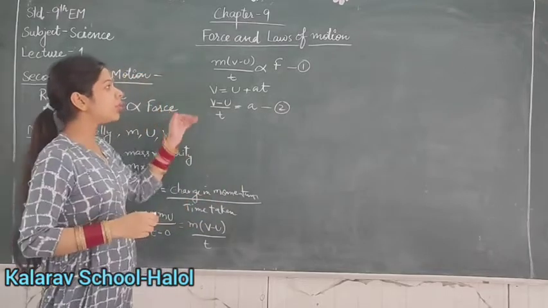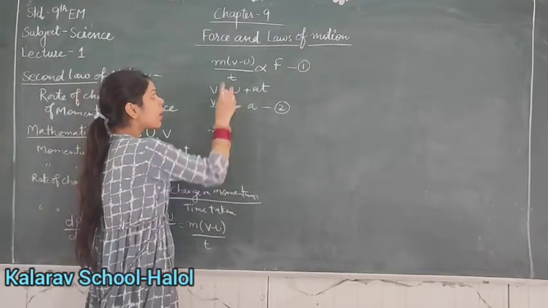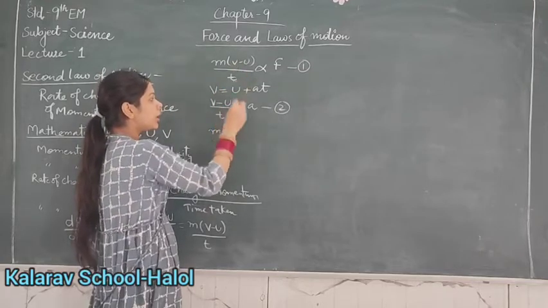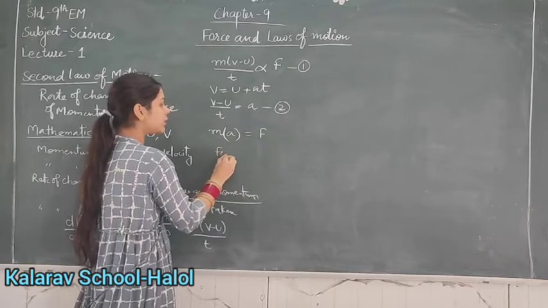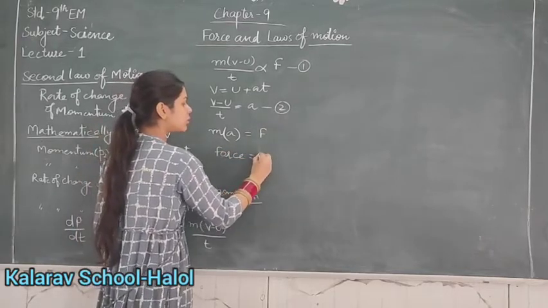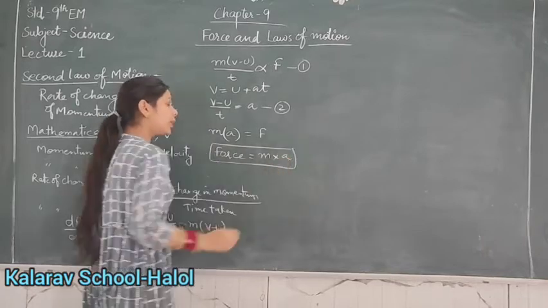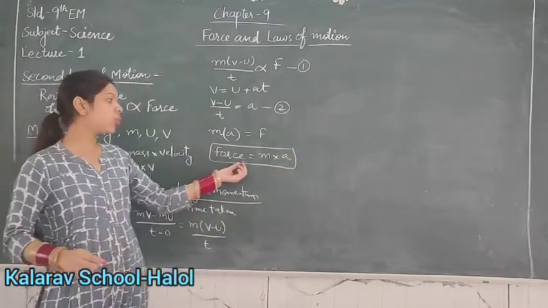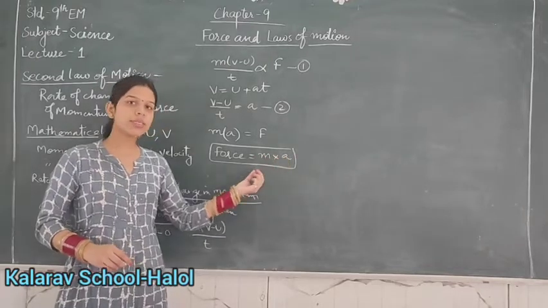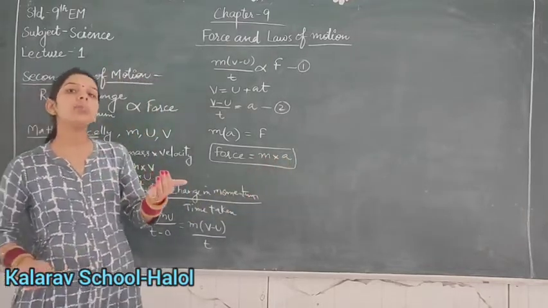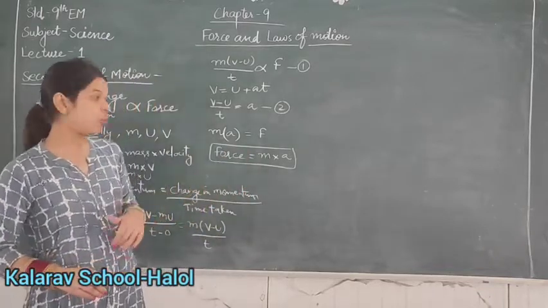From equations 1 and 2, m times (v minus u) upon t, that is a, is equal to F. So force is equal to m into a, that is force equals mass into acceleration. This is another form of Newton's second law of motion.